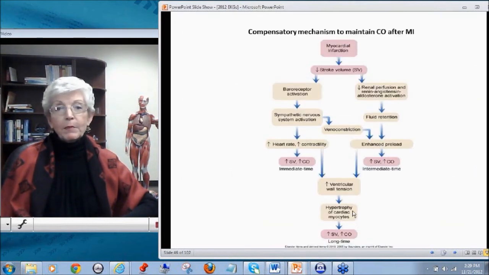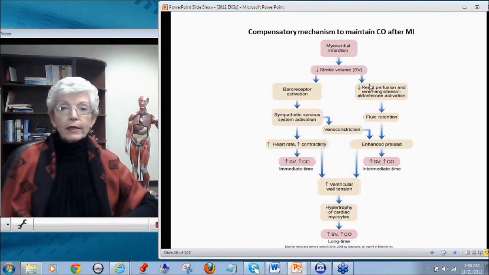Compensatory mechanisms to maintain cardiac output after MI. We've gone through this slide in previous lectures, so let's just have you recall it. With infarction, we have decreased stroke volume. There are baroreceptors and sympathetic activity, all to maintain cardiac output.